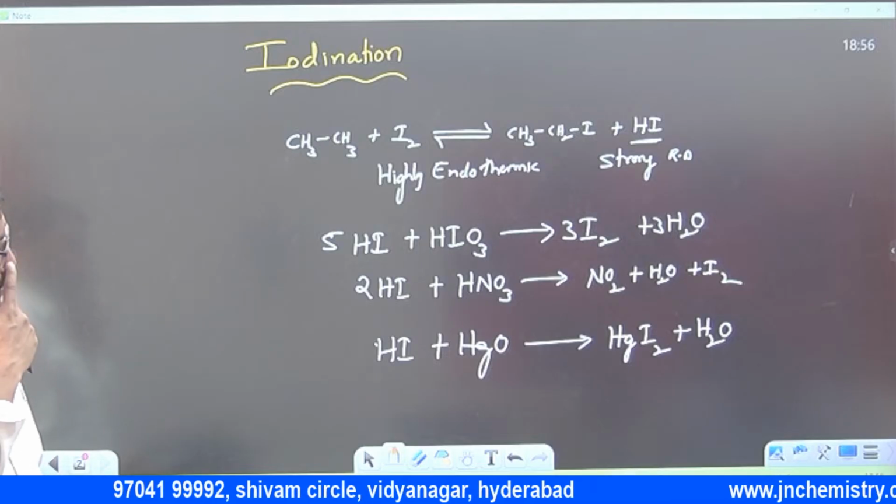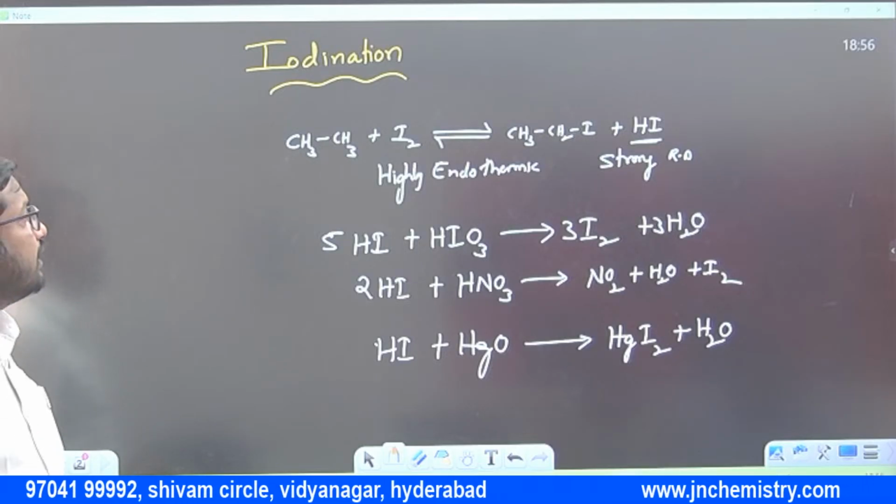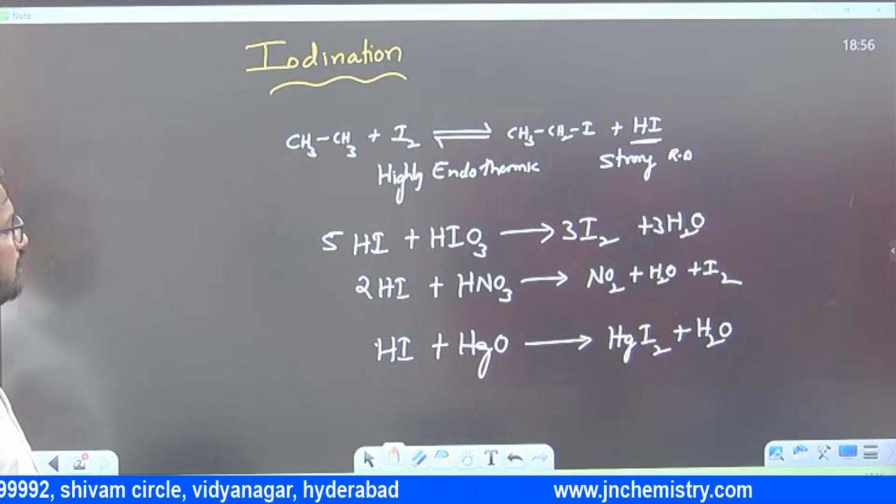So to avoid these oxidizing agents, we have the Finkelstein reaction, right? Finkelstein reaction.